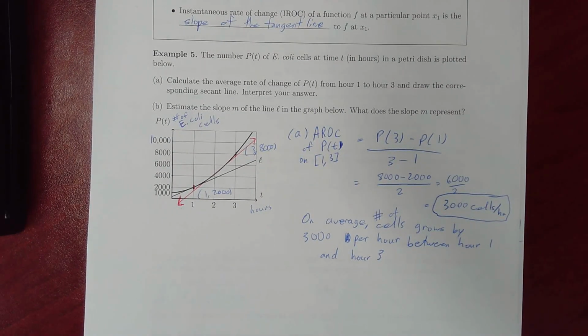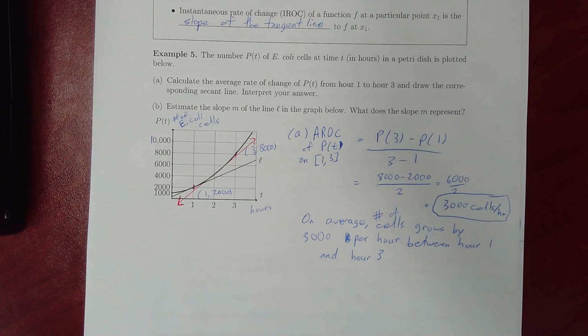For part B, we want to find a way to estimate the slope of this line L. So what we need to figure out is what it's representing here. Now normally we don't have a second point if we're trying to look at what we could assume is a tangent line.